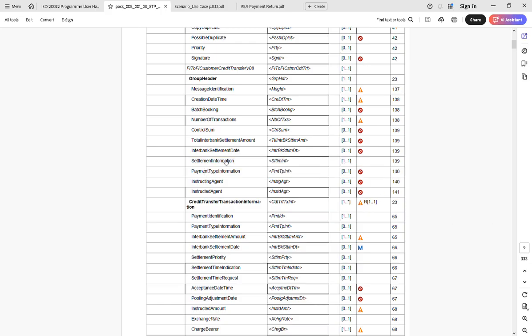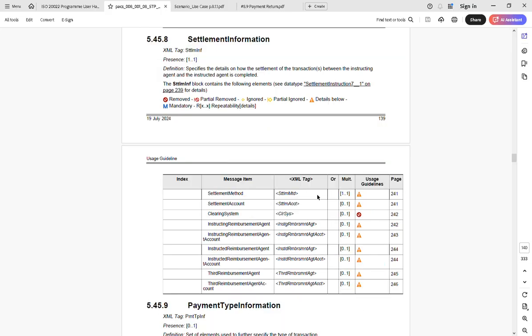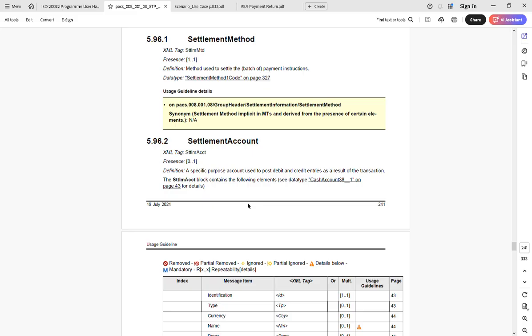If we open this settlement information, which is a one-by-one field of PACS.008, there is something called settlement method, and for that settlement method, whether any account is present or not, either of the two you can use. There are also instructing and reimbursement agents, but we are not bothered about that, only the settlement method. Now if I click here, the settlement methods have some codes.